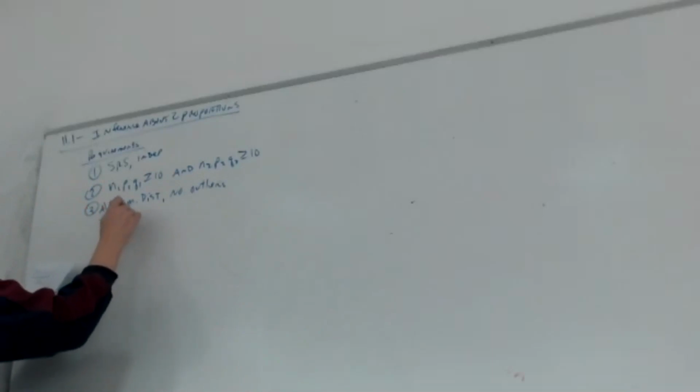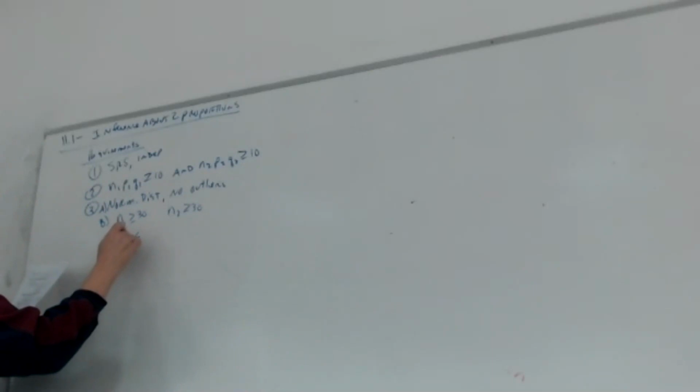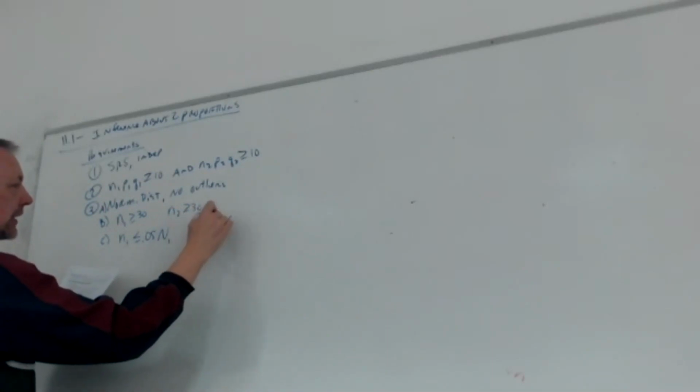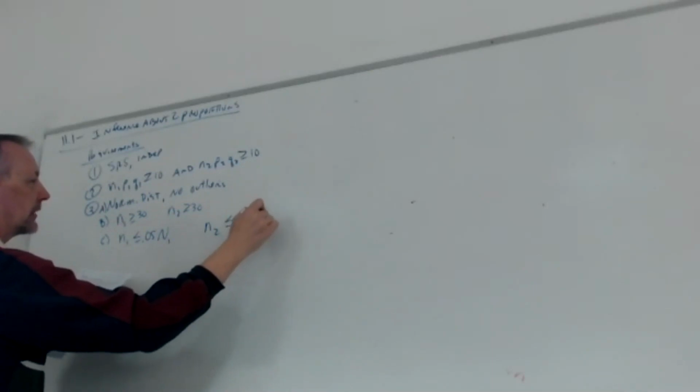We're also assuming, I'm going to put that as A, B, that n1 is greater than 30 and n2 is greater than 30. And we're also assuming that n1 is less than 5% of your population N1, and n2 is less than 5% of the population of N2.